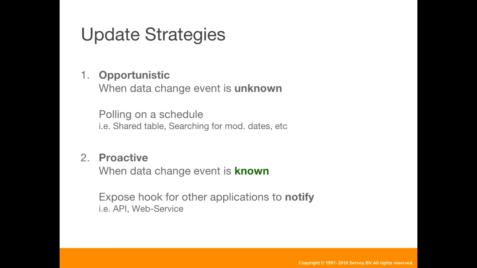So when the data change event is known from that third-party application, what we can do is expose a hook for this third-party application to notify the Servoy application server that a data change on a shared table has happened, and this could be through some API like a web service.